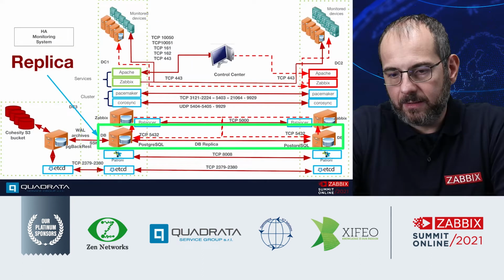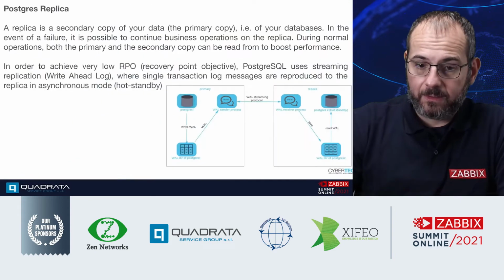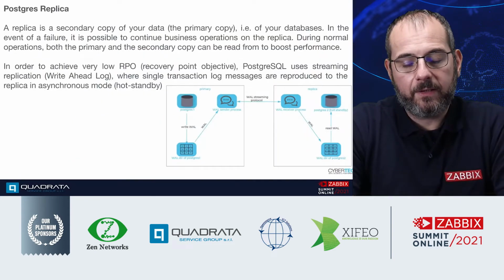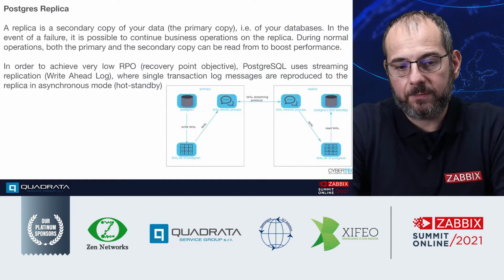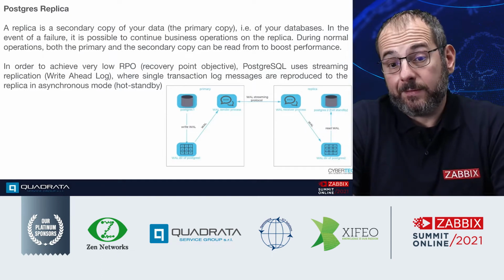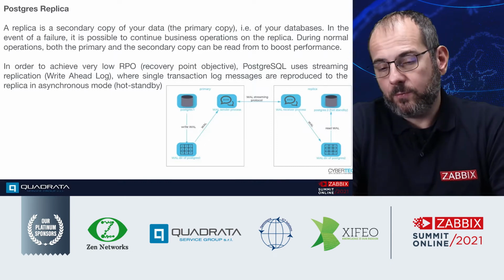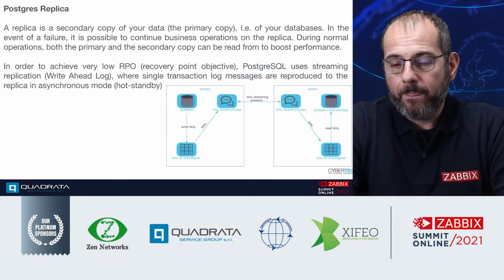And now we have to discuss replica. Replica comes from Postgres, but is managed by Patroni. Replica in Postgres is made using the concept of write ahead log. It's a sort of transaction log that will be transferred to the replication node.